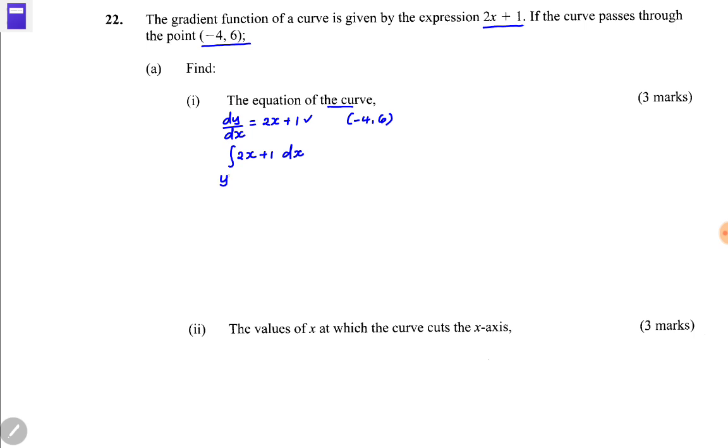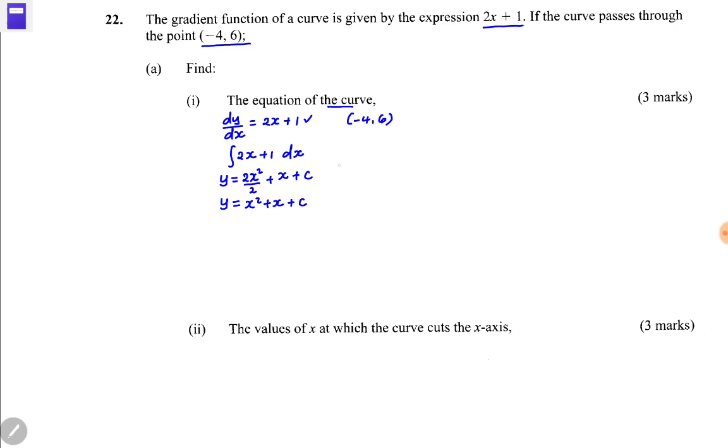So y will be equal to 2x will now become 2x power 2 over 2, plus 1 will become x, and then plus c. So simplifying this, y is equal to x squared plus x plus c.